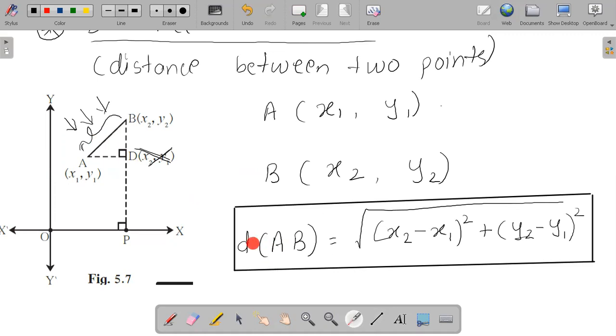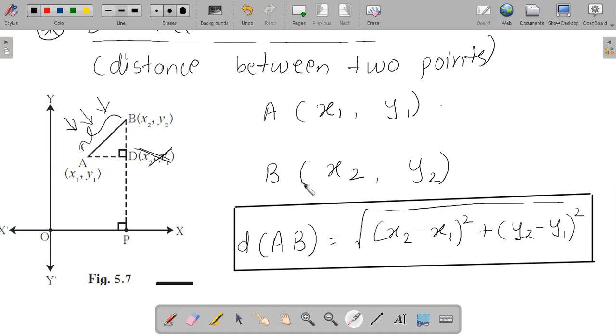I'll repeat the formula. The distance AB is equal to the whole square root of x2 minus x1 the whole square plus y2 minus y1 the whole square. By now you should know where x1, y1 and x2, y2 come from: x1, y1 are the coordinates of A and x2, y2 are the coordinates of B. Is this clear up to here?